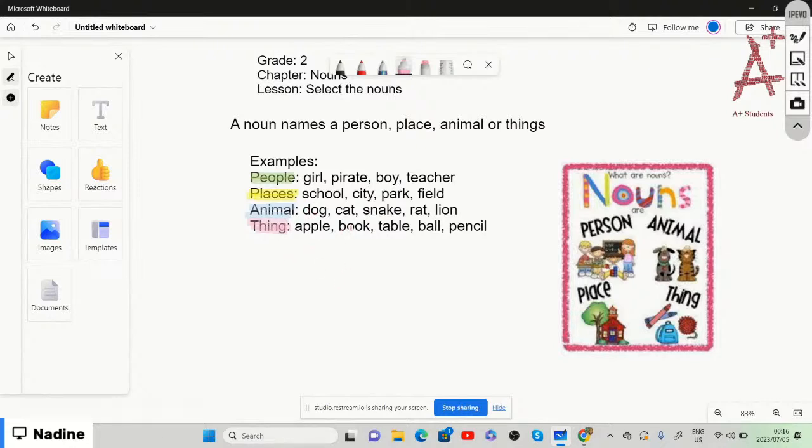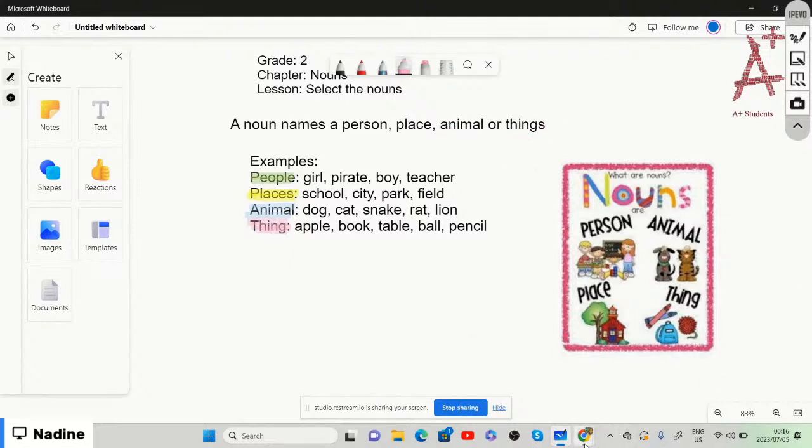A book that you're reading, it's a thing. The table is a thing. A ball is a thing, as well as a pencil. So those are but a few examples of people, places, animals, or things. These are a few examples of nouns. So once again, a noun names a person, a place, an animal, or a thing.